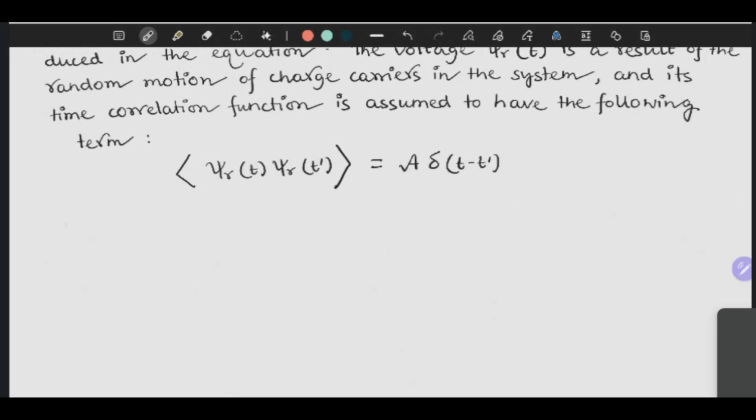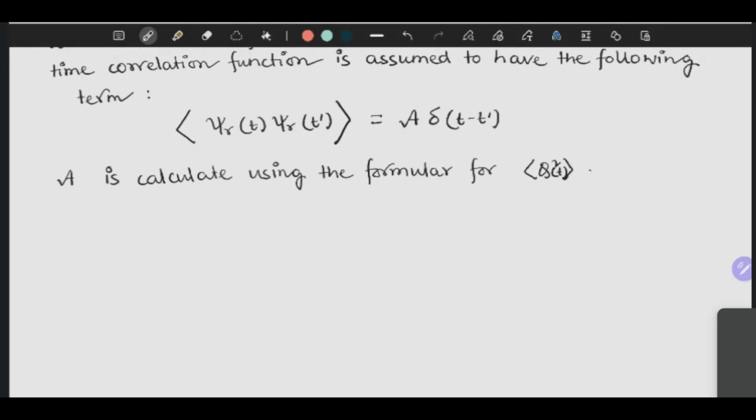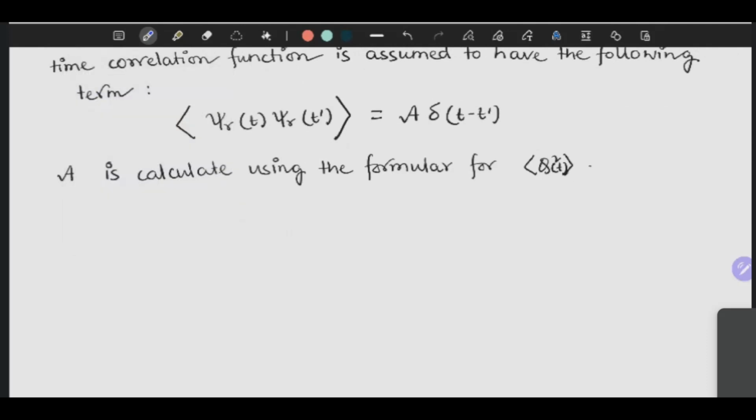This A is calculated using the formula for Q square of t, calculated from the Langevin equation. So we need to do the similar thing.